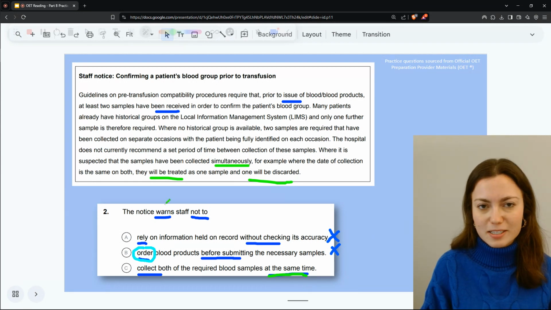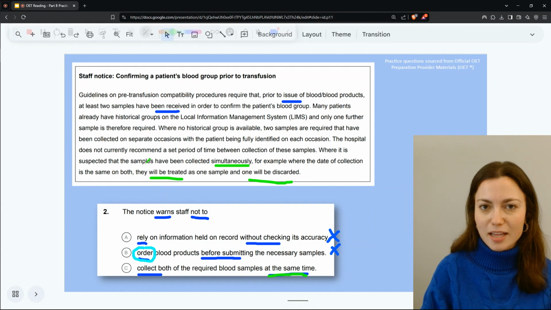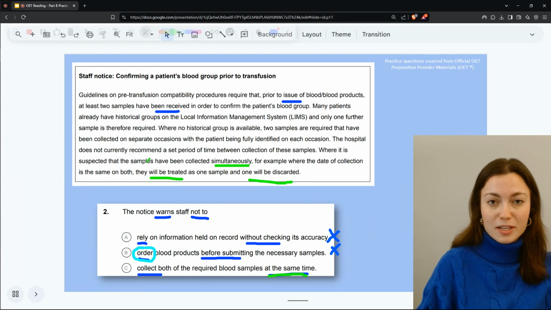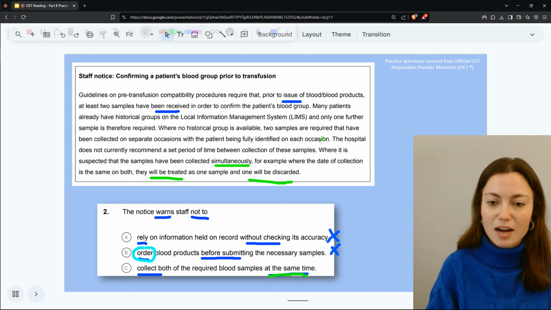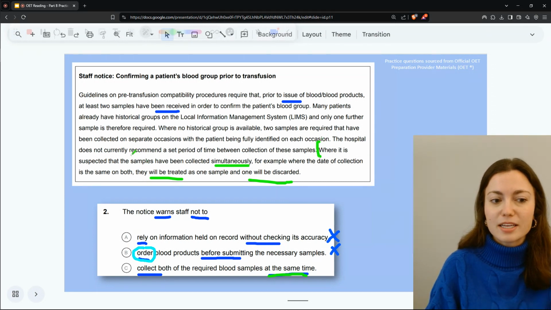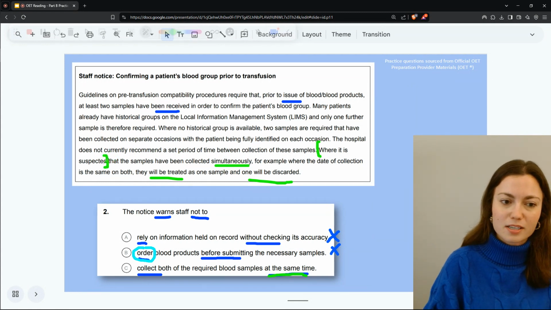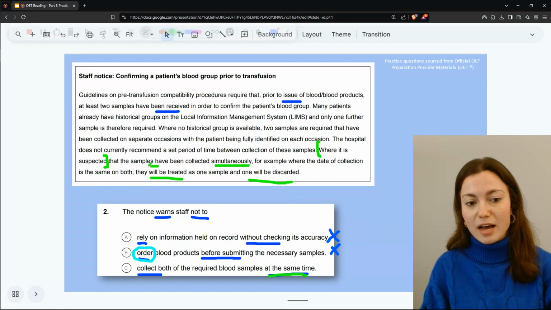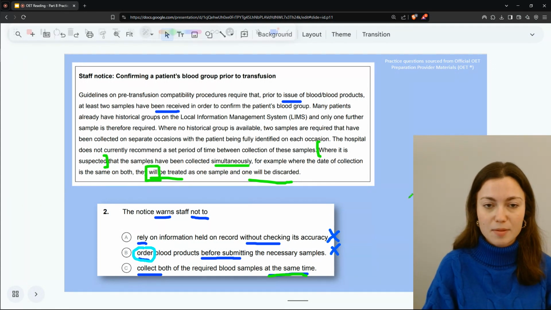Okay, so here's what's really interesting. There is nowhere in this text that gives us explicit warnings or consequences, but look at the language here. Look at the if this happens, then that happens. This kind of language structure, where it is suspected that the samples have been collected, is the condition clause, and then we have a definitive future tense, will be treated as one sample.